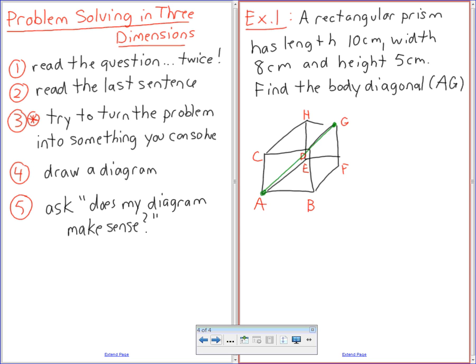I'll find that distance, and the bottom of this and the height will form another triangle. Does that make sense? So what I'm going to do is find the bottom distance from A to F, and then F to G, and that'll be a right angle. So we'll find A to F, and then F to G.